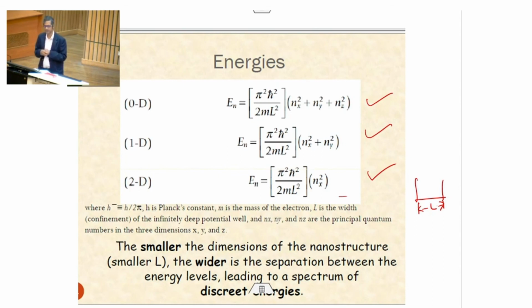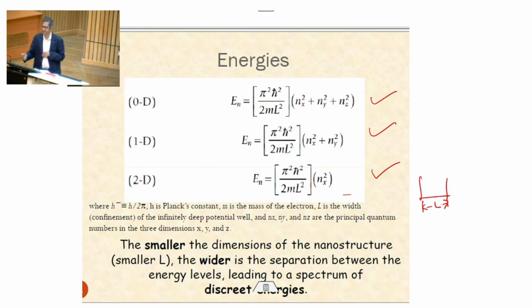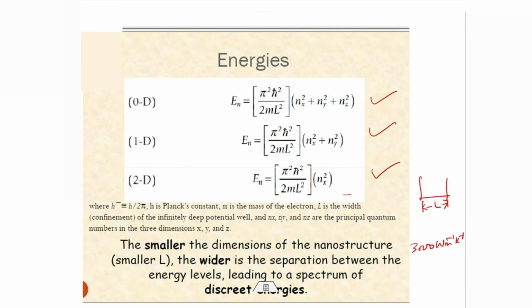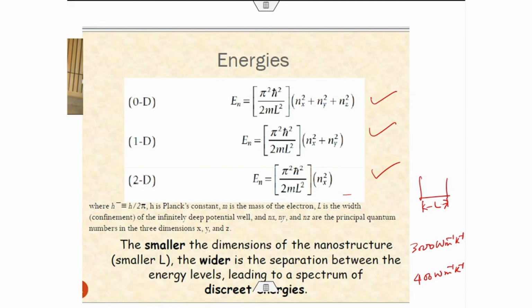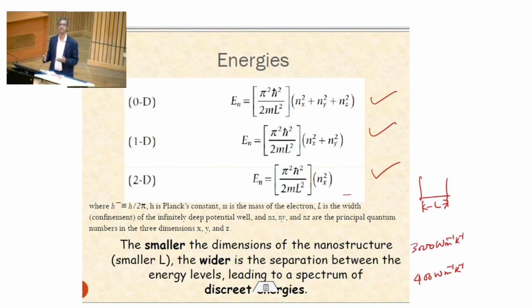It has been found that this value of thermal conductivity can reach as high as 3000 watt per meter per Kelvin. Remember, for pure copper, which has very good thermal conductivity, the value is only 400 watt per meter Kelvin. So we are talking about orders of magnitude higher thermal conductivity in carbon nanotubes in the direction of the tube.